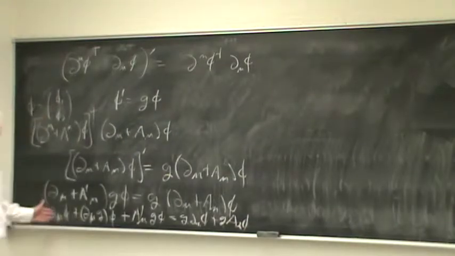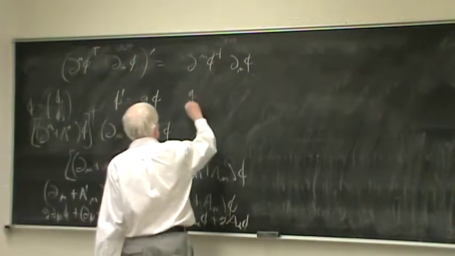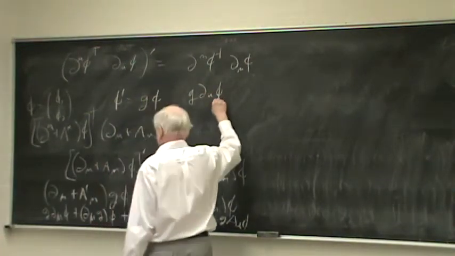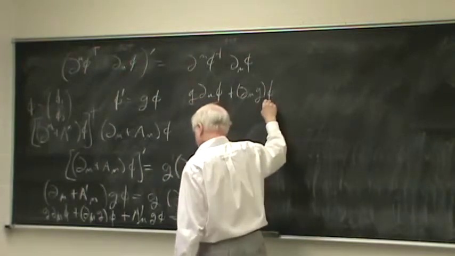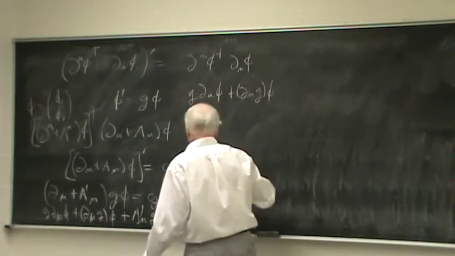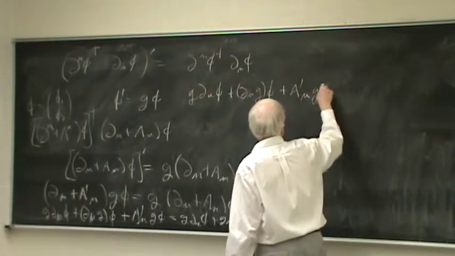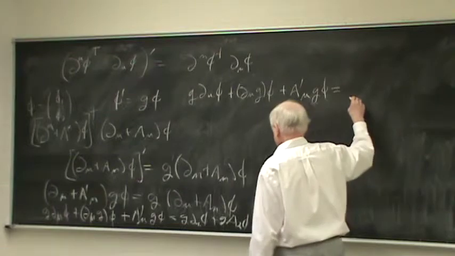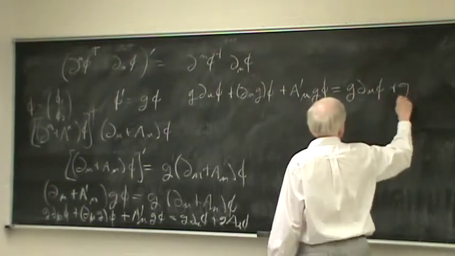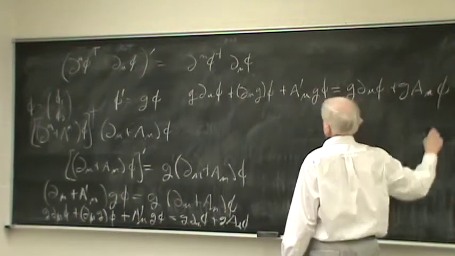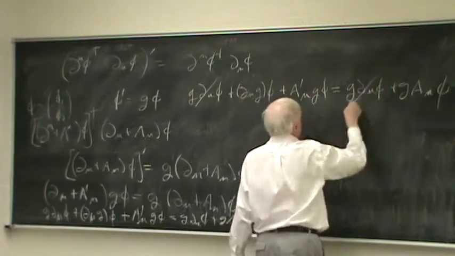Sorry that it's so low. Can you make that out? Maybe I should write it again here. You get g d mu phi plus d mu g phi plus A mu prime g phi equals, on the other side, g d mu phi plus g A mu phi. Okay, well this term cancels that term.